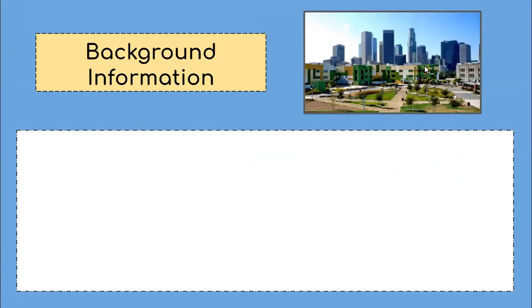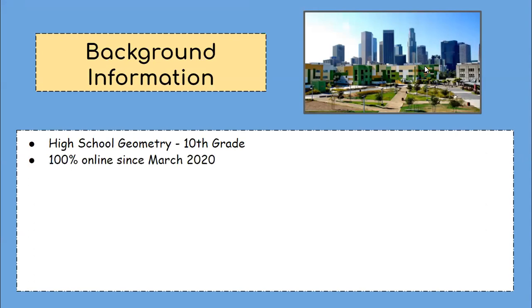So just a little bit of background information about the school and where I teach. The students that I surveyed are in high school geometry, they're 10th graders. We've been 100% online since March of 2020, where I'm teaching courses through Zoom, and students are learning material that way.